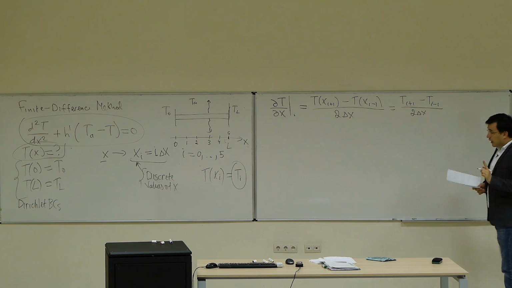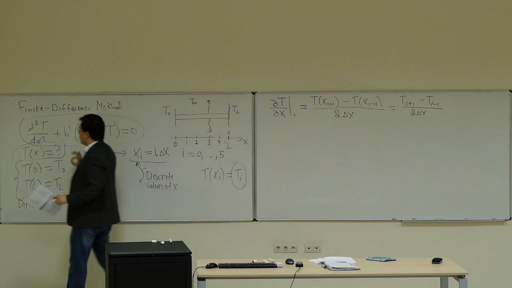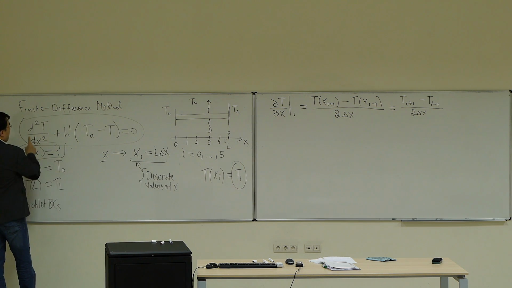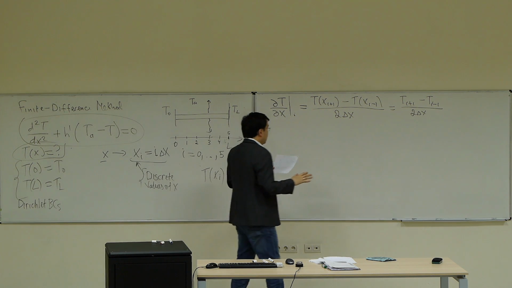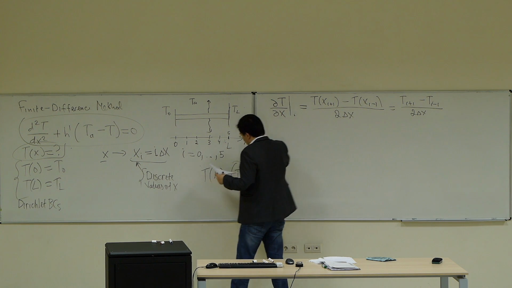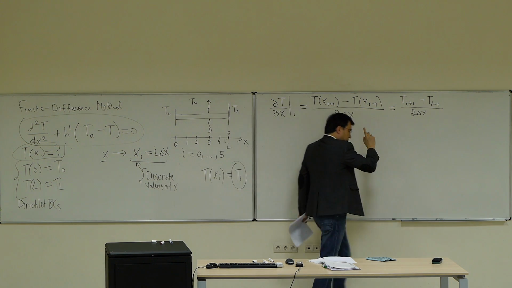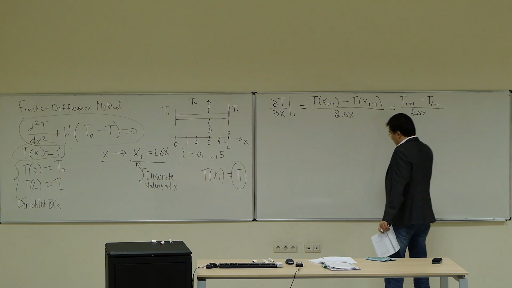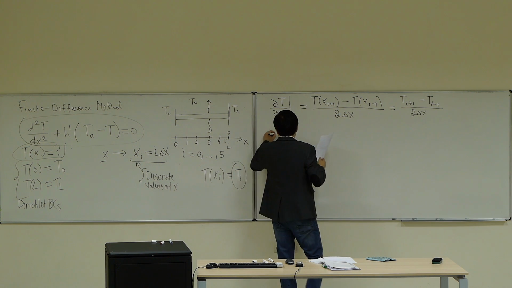Okay, we can derive a similar expression for the second derivative. There are different ways we can derive it. We are not going to show exactly how to derive it here, but the centered formula for the second derivative has the following form.